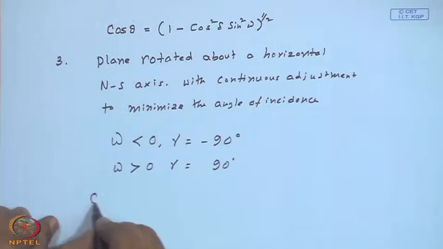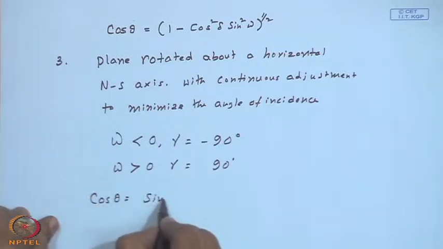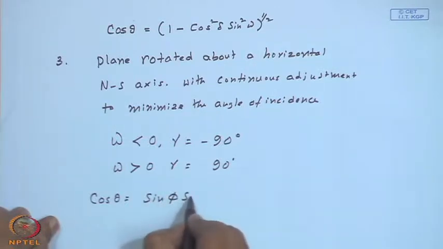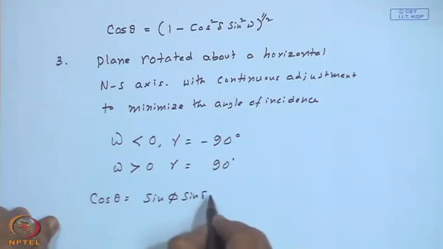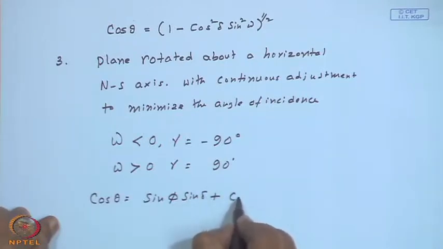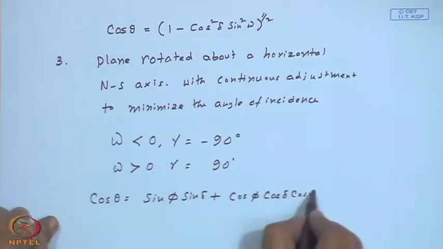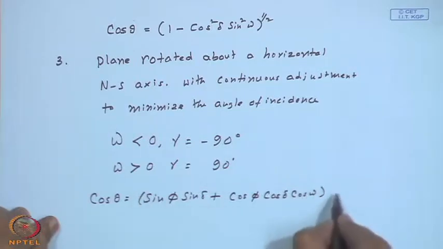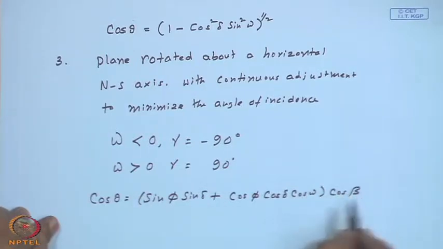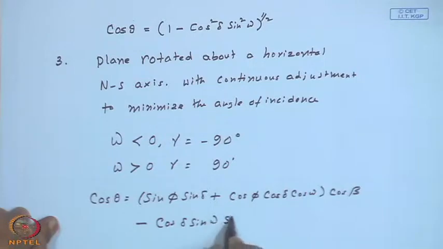So, cosine theta gets simplified from our general equation, that cos theta is equal to a plus b cos omega plus c sin omega. That simplifies to whatever I am writing down over here, times cos beta minus cos delta sin omega sin beta.